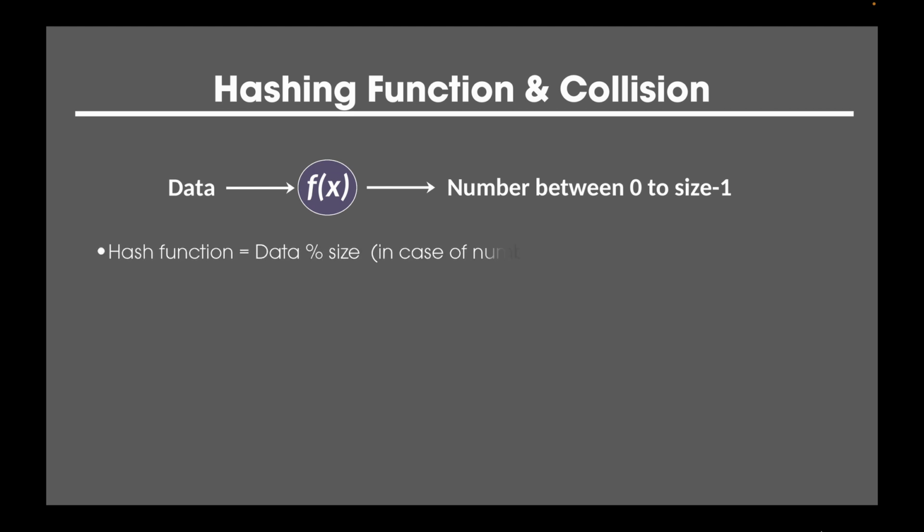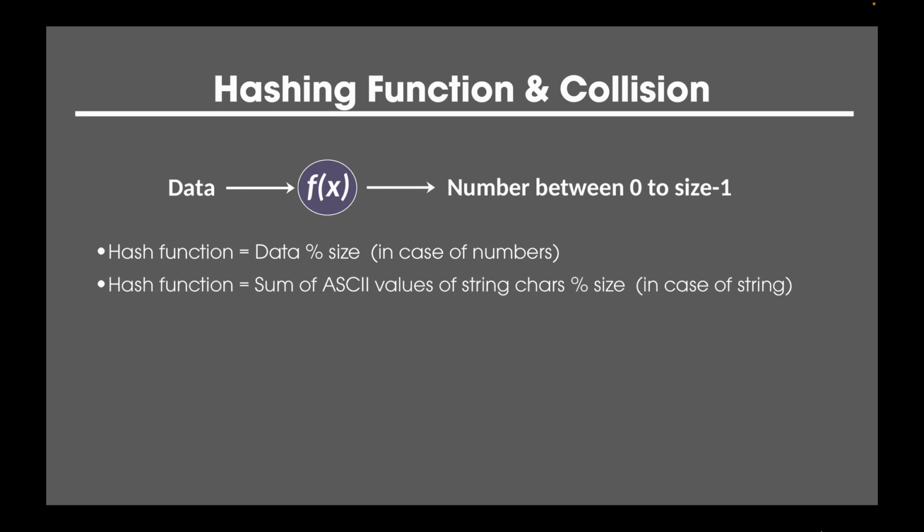For example, for numbers, a common hash function is data element modulus size, which returns the remainder that acts as an index to store the data element. Here, size is referring to the size of the hash set or hash table. For strings, one approach is to convert each character to its ASCII value, sum these values, and then take the result modulus with the table or the map size to determine the index.